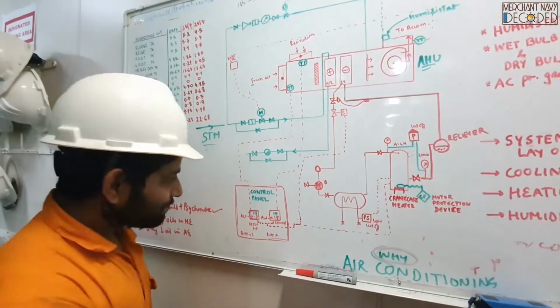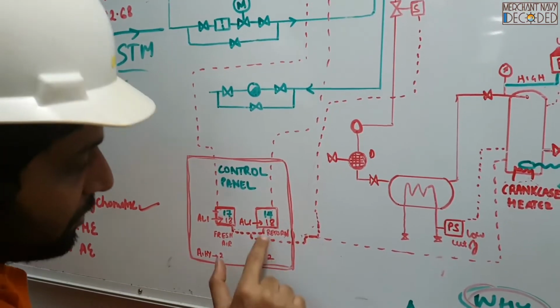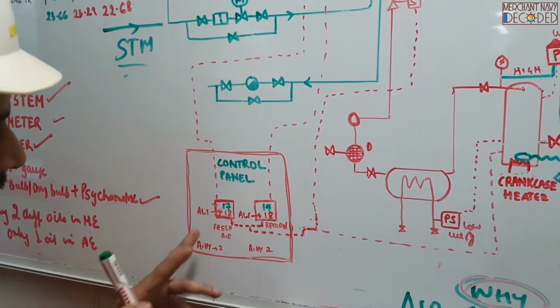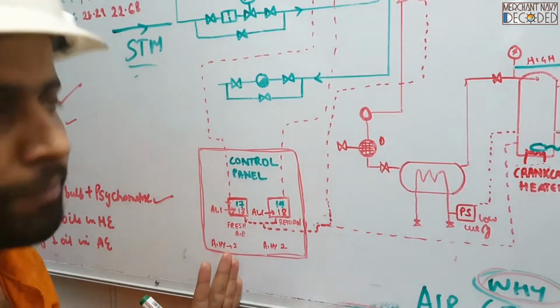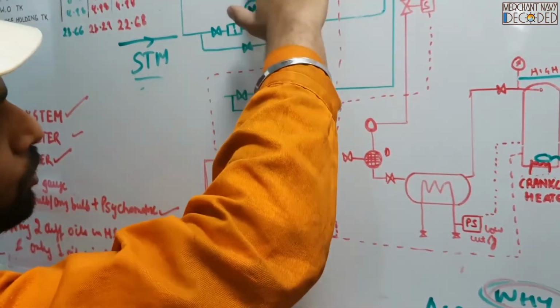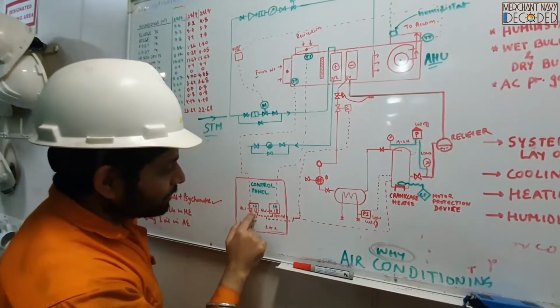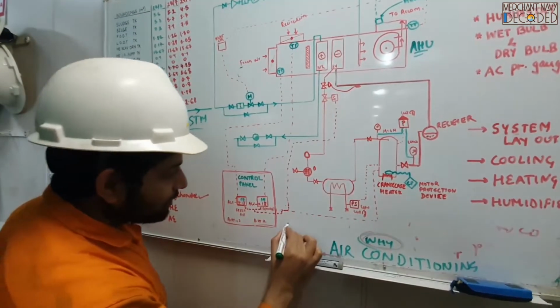Copied, guys? So they give me the temperature: sir, fresh air temperature is this much, return air temperature is this much. Okay, fine. Then I make a setting over here. I say, if fresh air temperature comes to 15 degrees centigrade, that means it is becoming cold, I will put the fresh air in use, and I will put the setting at 15 degrees centigrade. See, this controller works like this.